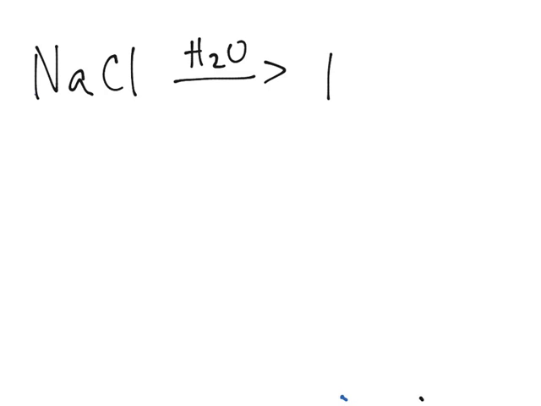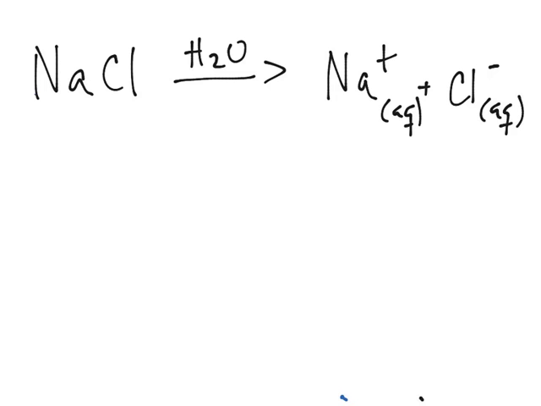So we will have Na plus and Cl minus, and that is now in an aqueous state. But what is really happening is that there is an ion-dipole force between the water molecules and the different ions.